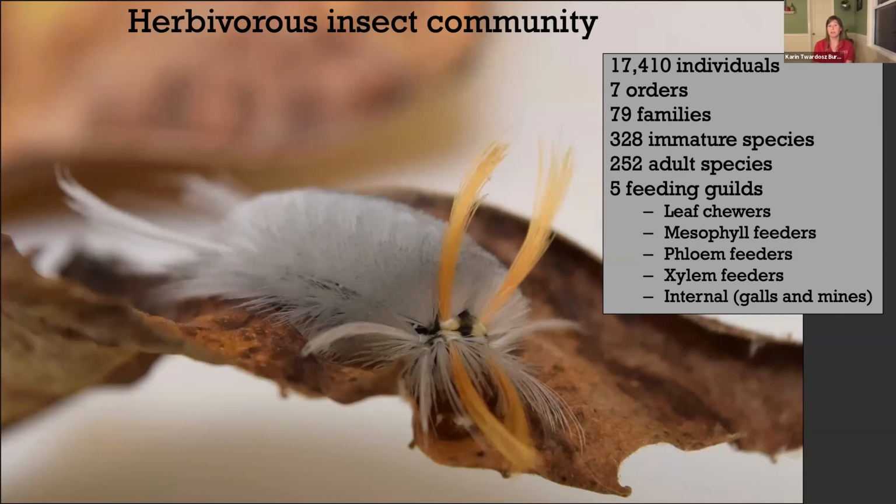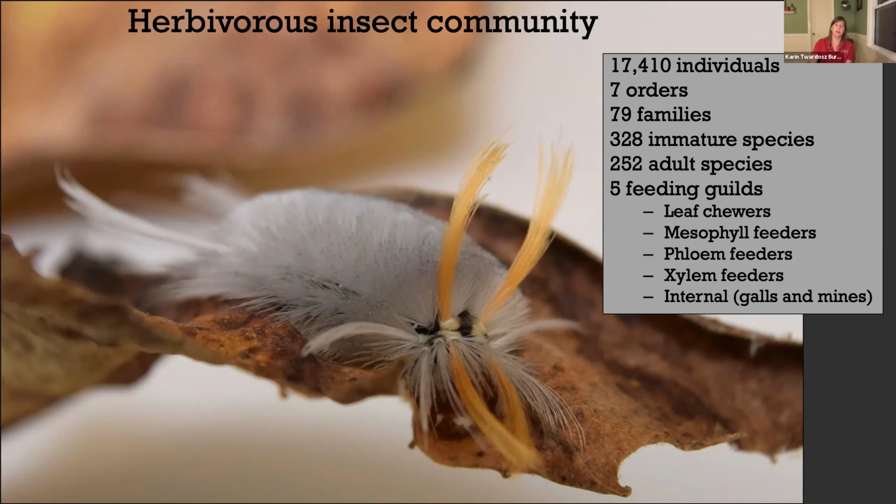And what we collected were between 17 and 18,000 individual insects. These are just herbivores. They belong to 7 orders and 79 families, and we divided them into immature and adult species. These covered a wide range of feeding guilds. Remember, in one of the first slides, I was showing you all these different ways that insects attack plants.